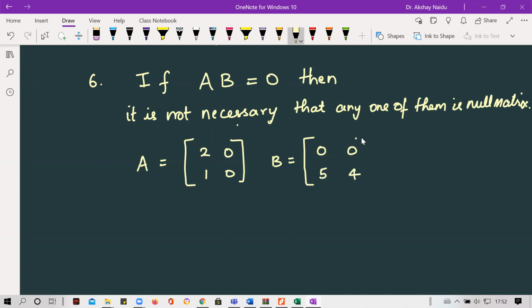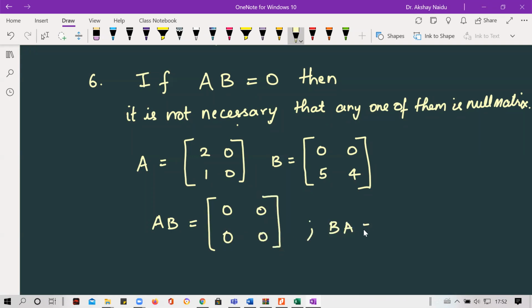5 4. None of these are null matrices, but when you do A into B, you see what happens. 2 into 0 plus 0 into 5 is 0, 2 into 0 plus 0 into 4 is 0, 1 into 0 plus 0 into 5 is 0, 1 into 0 plus 0 into 4 is 0. However, BA may not give you that. The 0 0 multiplied by 2 and 1, you get 0. 0 0 multiplied by 0 0, you get 0.